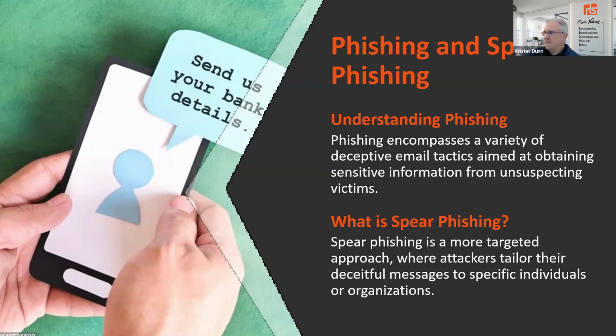Yes, it can happen by text, we'll get to that a little bit later. Deceptive tactics aimed at obtaining sensitive information, but sent out on a wider scale. Spear phishing is more similar to what Will described earlier, a more targeted approach, where you're going after a specific person or individuals within an organization.